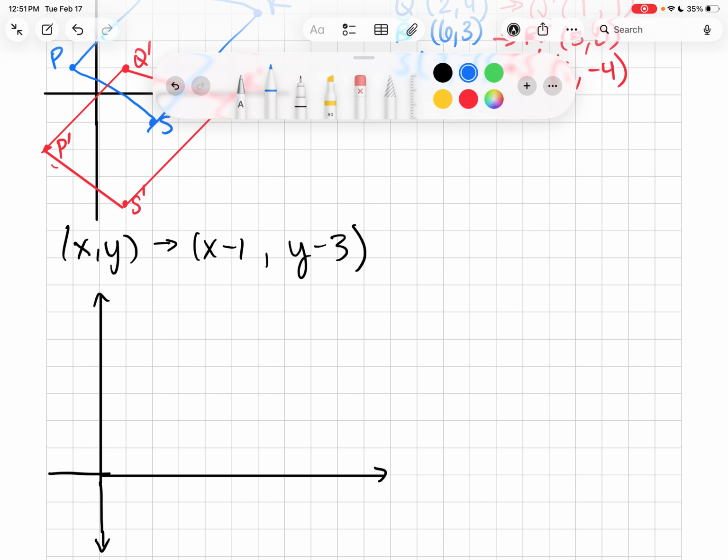A is at 1, 4. B is at 6, 1. I guess I should write these over here, it'd probably be helpful. Again, they're not asking us to write the points, but I just think it's helpful, so I'm doing it. And then C is at 3, 0.